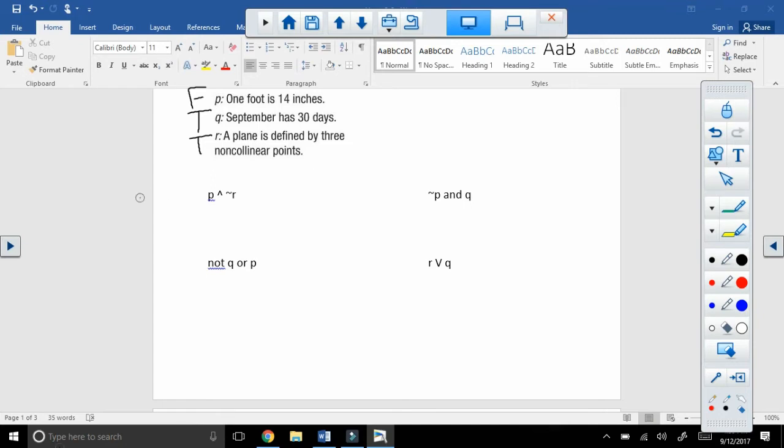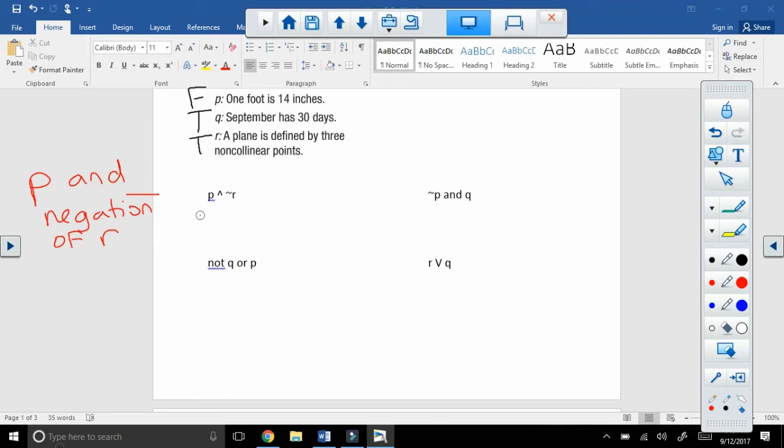So if I'm looking at this first one here, if I want to write it out, it says P and the negation of R. And I'm not going to make you write all this out, but I'll kind of read through what it would be. Really what we want to be doing is just telling if this statement is true or false.